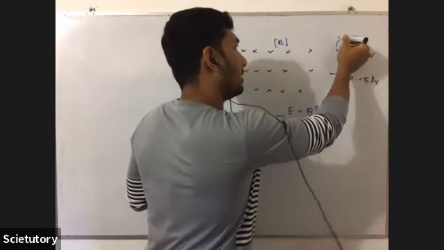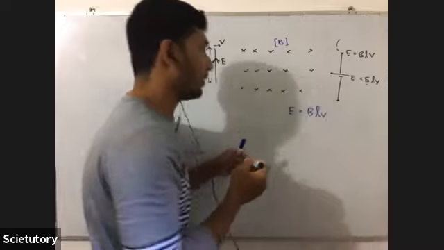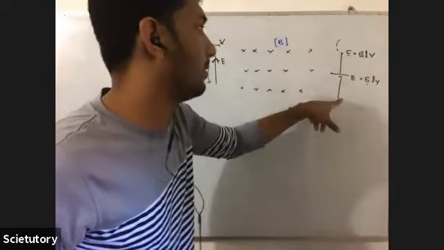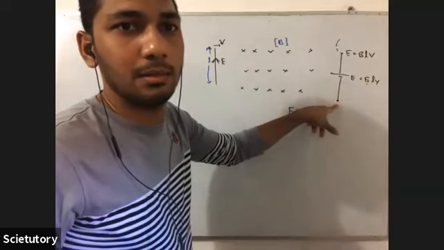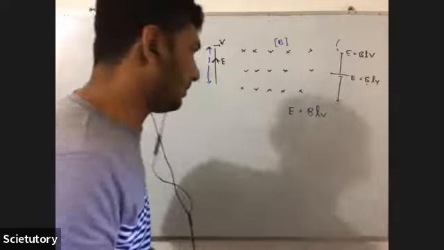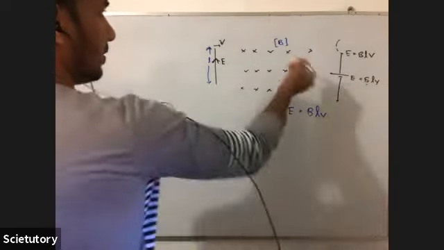If you talk about the voltage of this terminal in relation to this one, what would it be? Minus. Okay, it would be minus. So that's how you explain.